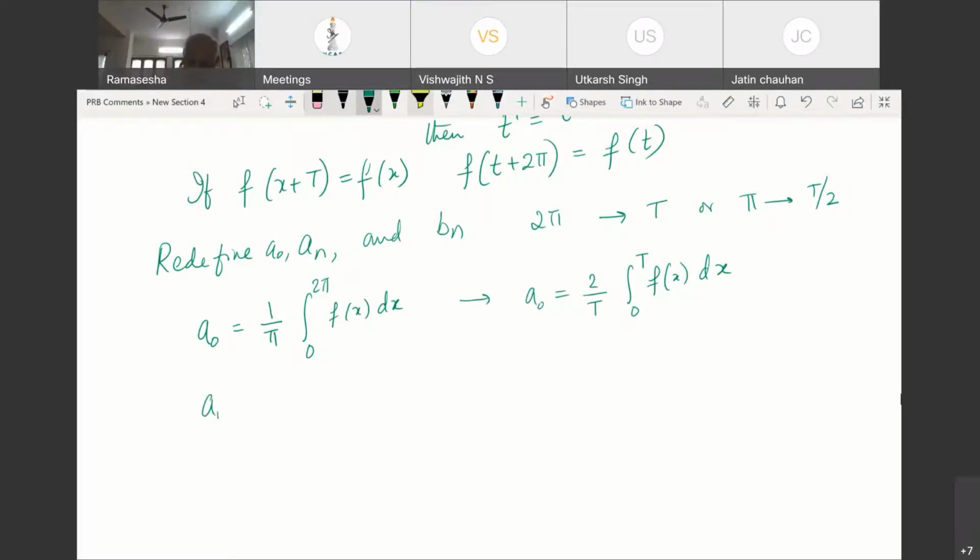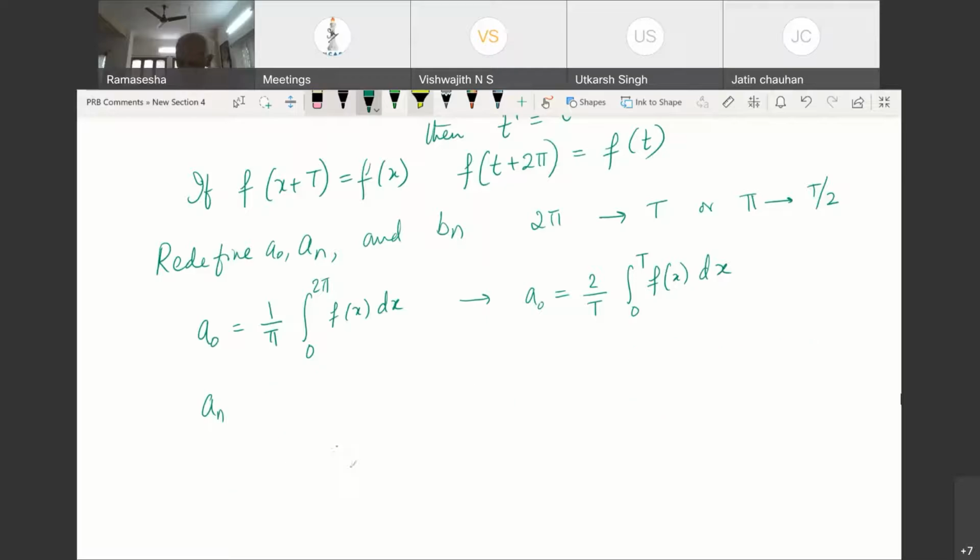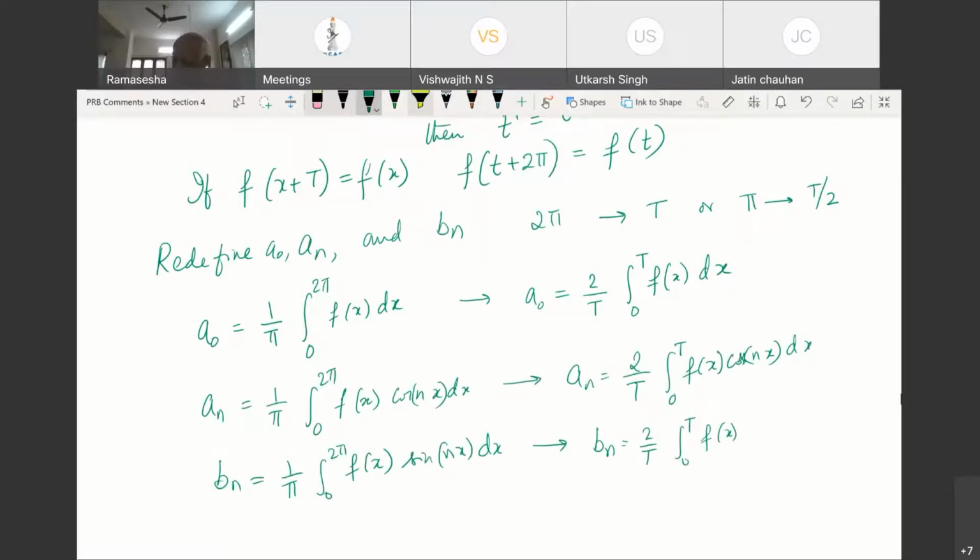Similarly, an will also be equal to 1 upon π integral 0 to 2π f of x cos nx dx, which becomes 2 by T integral 0 to T f of x cos(2πnx/T) dx.